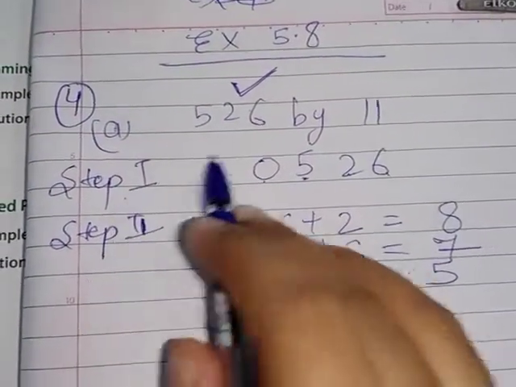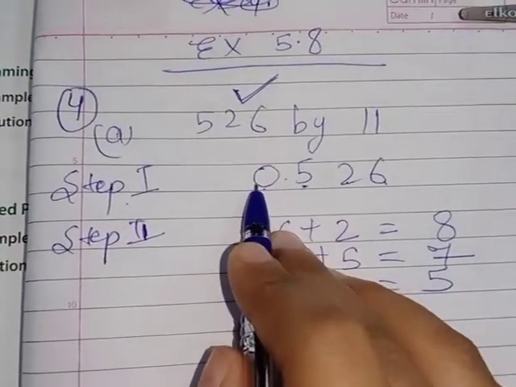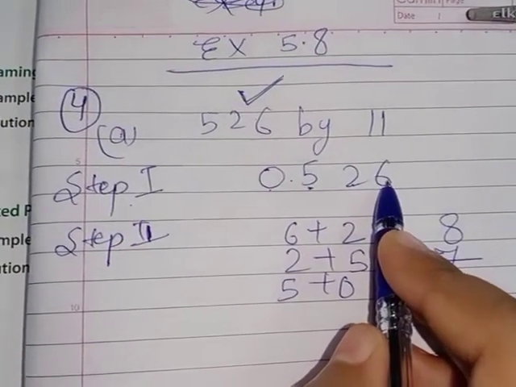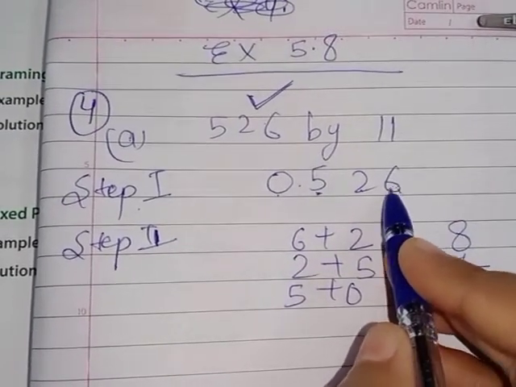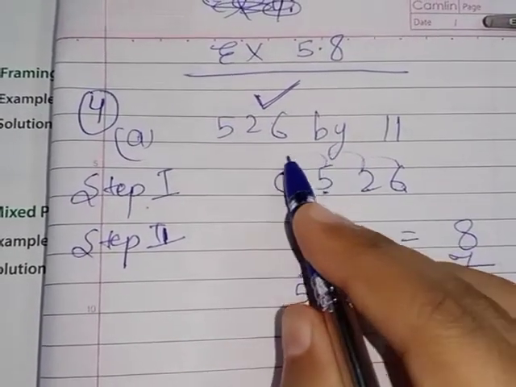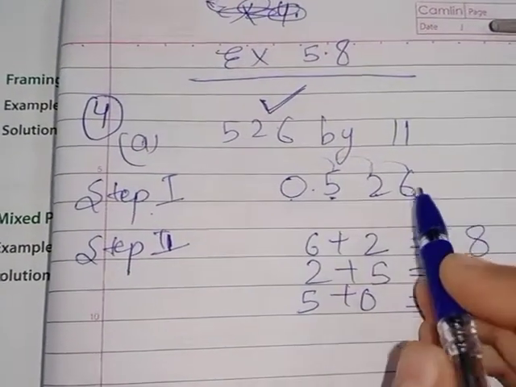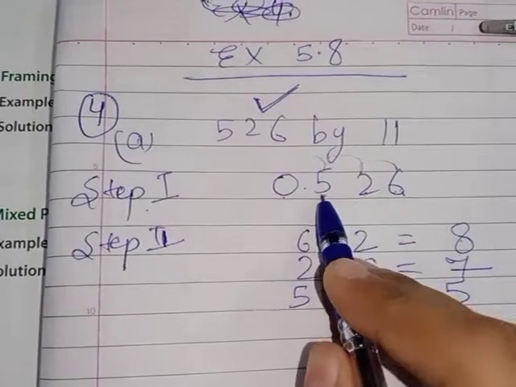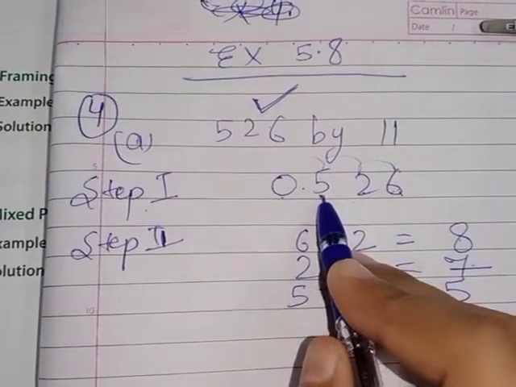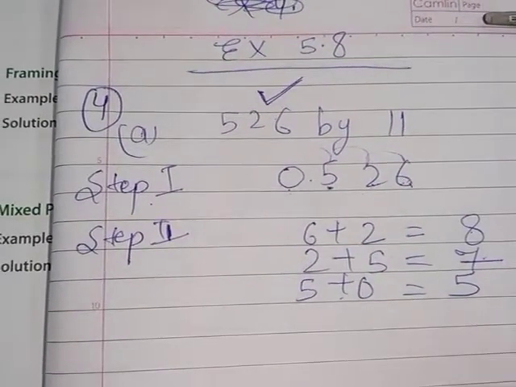First step is put the 0 at the start and leave the number as it is. Second step is starting from the ones place go on adding the digits. How to add? Ones place with the tens place, tens place with the hundreds place, hundreds place with the thousands place, that is the 0.